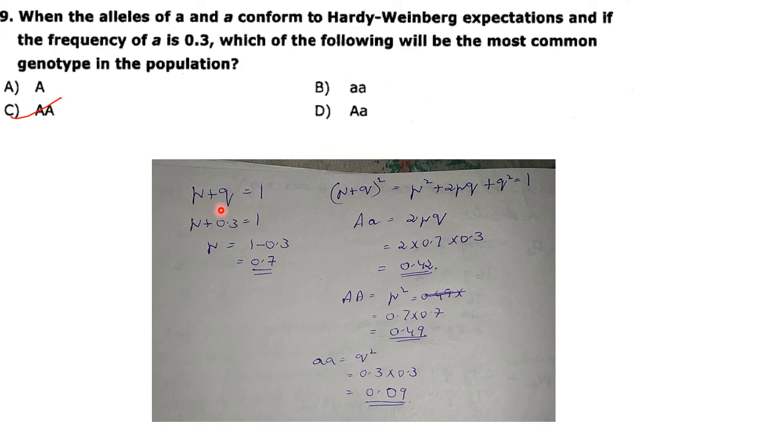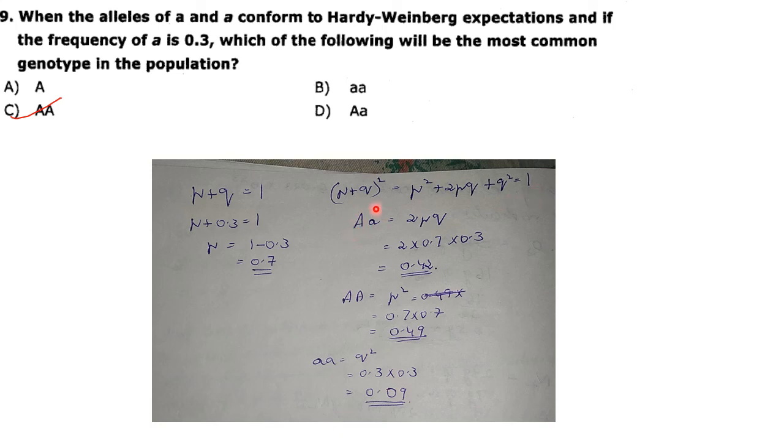So they have given p plus q is equal to 1 and they have given the value of q, that is frequency of the recessive allele, or small a, that is 0.3. So p plus 0.3 is equal to 1 and we get the value of p as 0.7. We also know that (p plus q) the whole square is equal to p square plus 2pq plus q square is equal to 1.